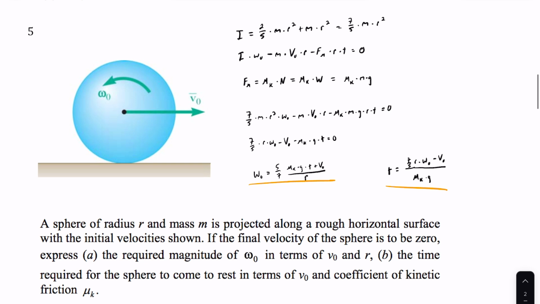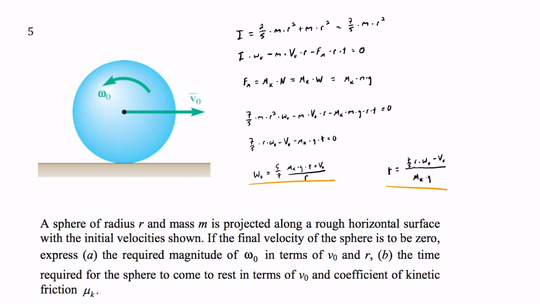For 5, I equals 2 divided by 5 times mass times r squared plus m times r squared, which equals 7/5 times mass times r squared. And then I times omega naught minus mass times v naught times r minus force of mu times r times t equals 0.